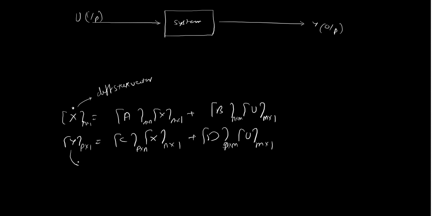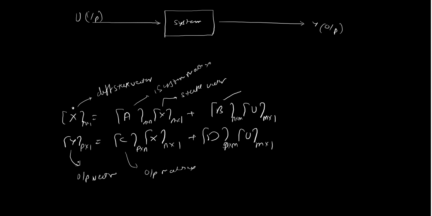What is this? This is the output vector. This is the state vector. This is the input, sorry, this is not the input matrix, this is the system matrix. And this is the output matrix.